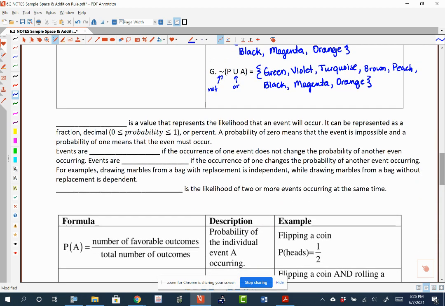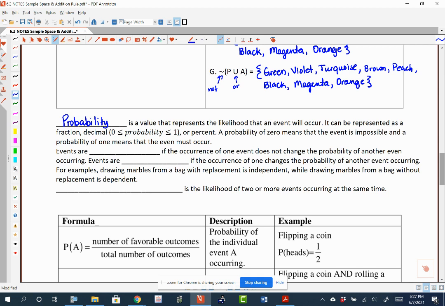All right, let's talk about probability. Probability is a value that represents the likelihood that an event will occur. So this is something that you've done before. You know, what's the probability of picking a blue marble out of a bag, or a jack of diamonds out of a stack of cards, or flipping a head or a tails when you do a coin toss.